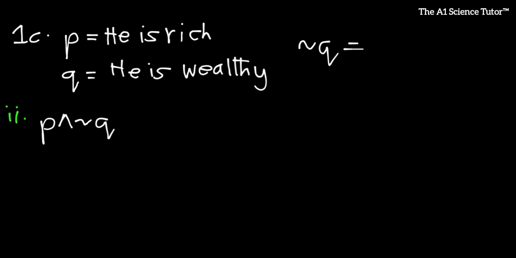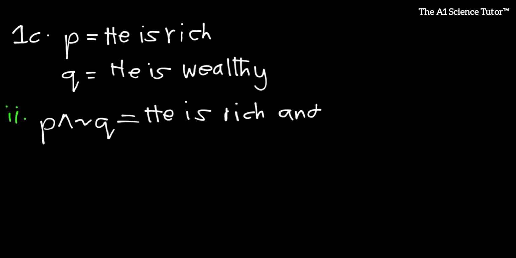So the direct verbal change of that is actually supposed to be he is rich and he is not wealthy. That's basically what it is. He is rich and he's not wealthy.